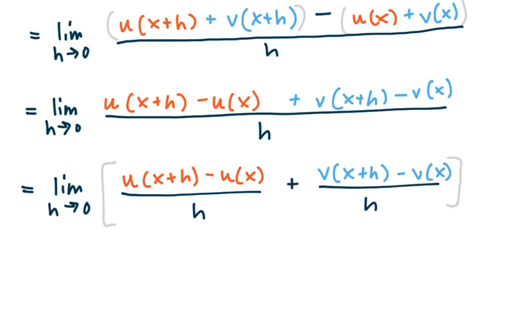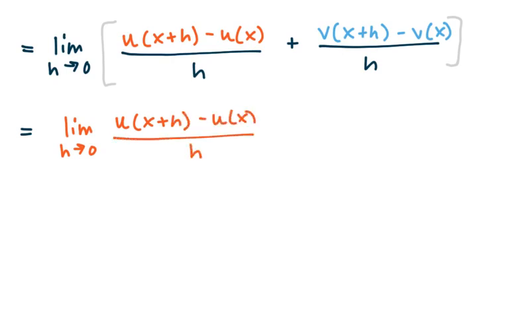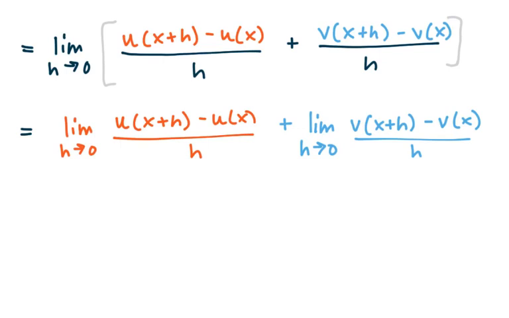One thing that we know is the limit of the sum is the sum of the limits. So I'm going to distribute, in a sense, my limit. The limit as h approaches 0 of u of x plus h minus u of x over h, plus the limit as h approaches 0 of v of x plus h minus v of x over h.